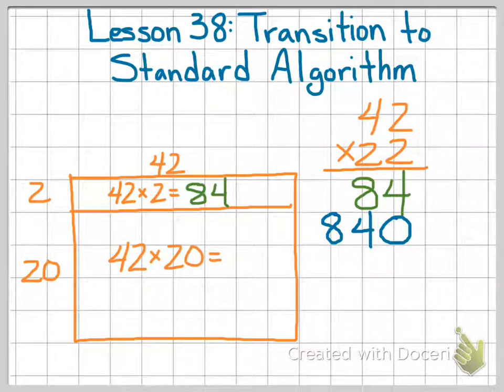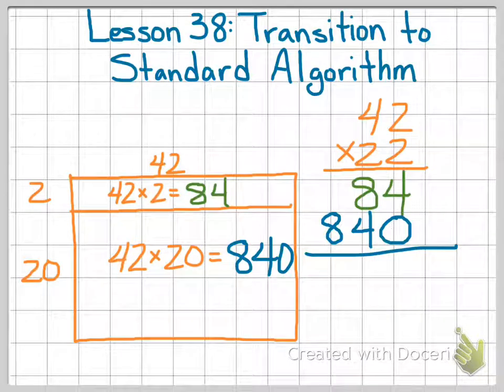And we look over, we think about 42 times 20 is 840.